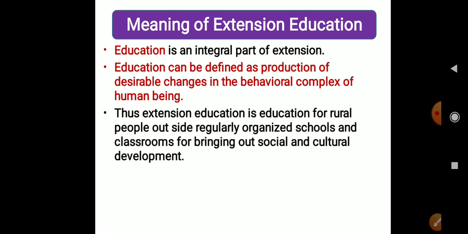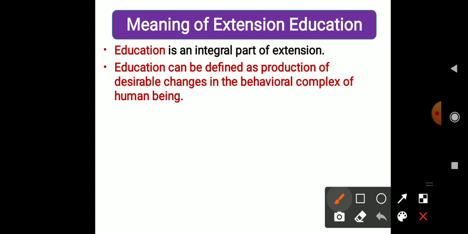Now you must be able to remember this definition. How to remember this definition? Try to understand, and you can easily remember and easily understand. The main thing, you need to make a part of this definition. See, education can be defined as the production of desirable changes in the behavioral complex of human being.